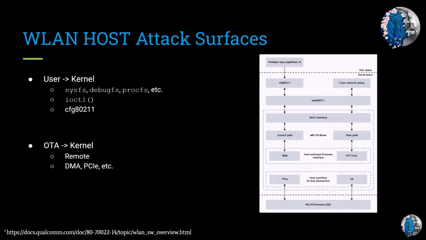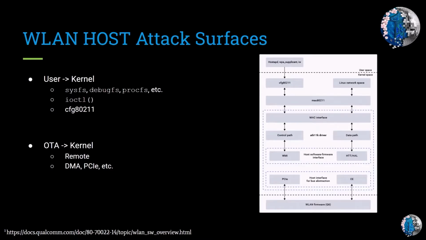These are certainly plausible in WLAN. The host driver itself doesn't do a ton of processing of OTA data. It does a little bit. But for the most part, most of the data just gets passed up the stack and then given to something like WPA supplicant to handle and give to the user. But those attacks certainly exist.